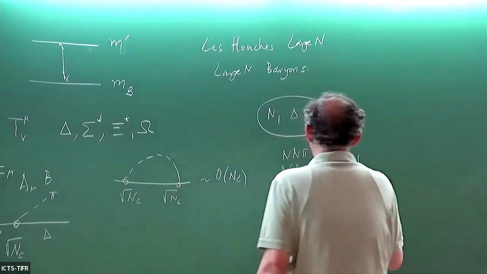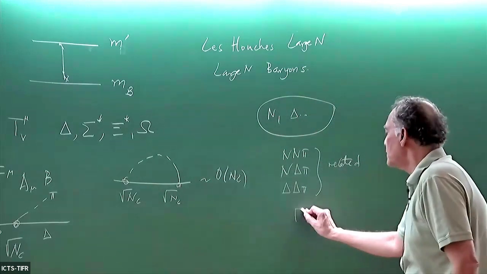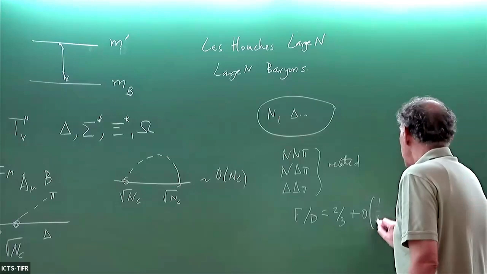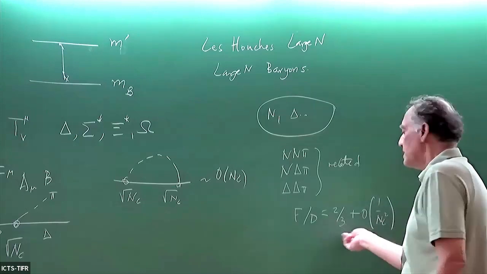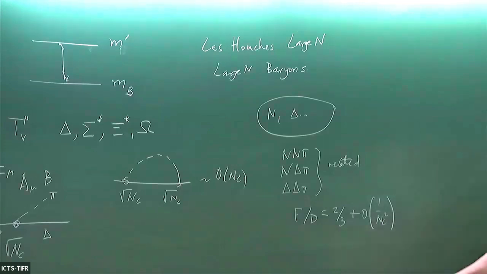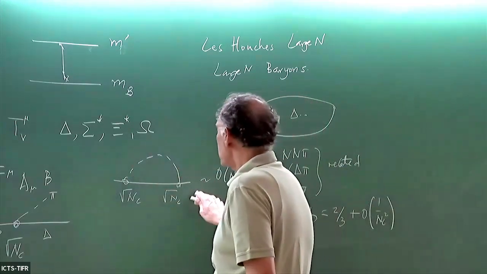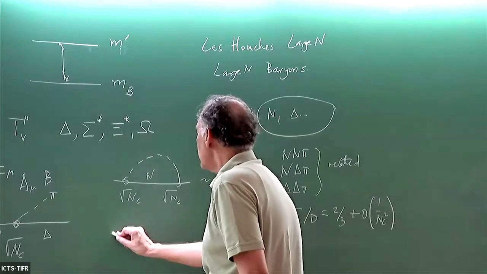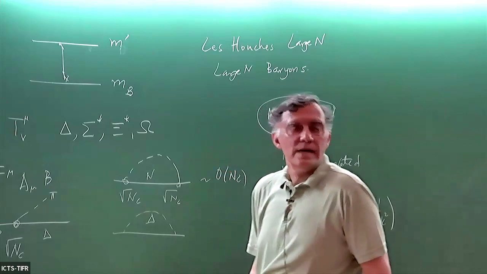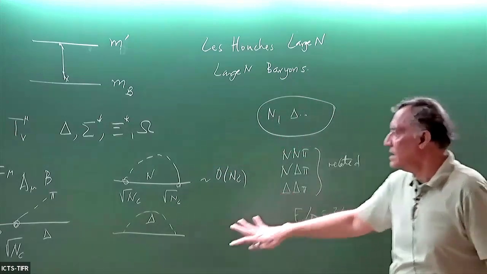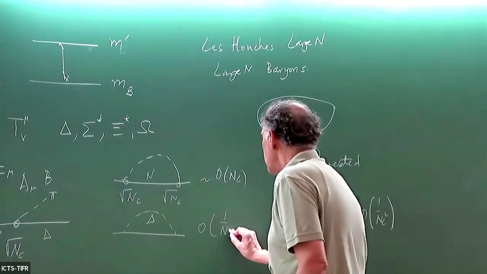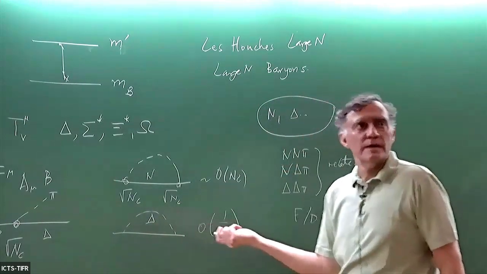In fact, the F to D ratio is predicted to be 2/3 plus order 1 over N color squared, which agrees very well with the experimental value, about 0.6, I think. And then when you do chiral perturbation theory with intermediate nucleon states and intermediate delta states, these couplings are such that all of this stuff cancels and the corrections become order 1 over N color, as you might expect for loops.